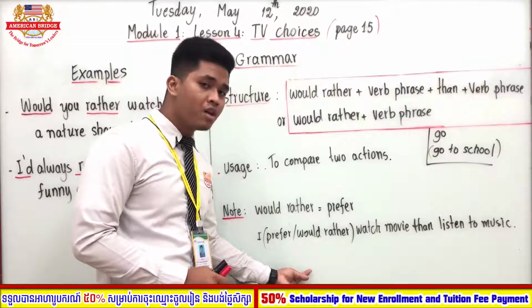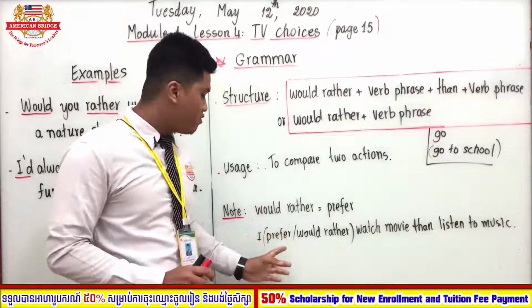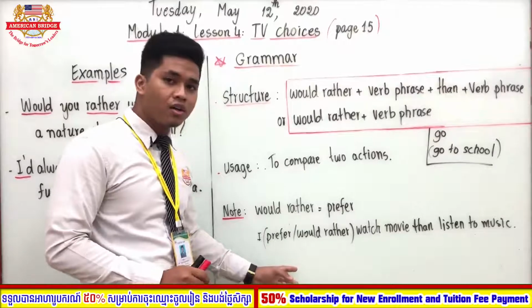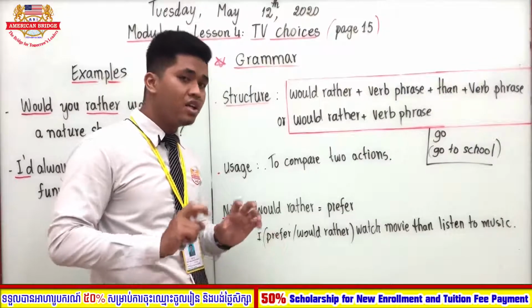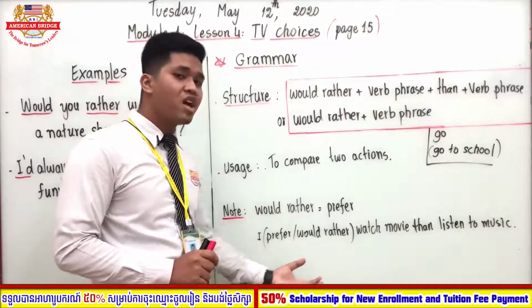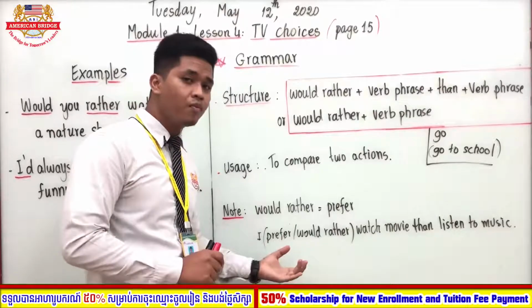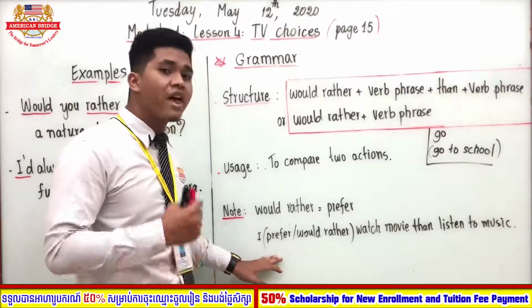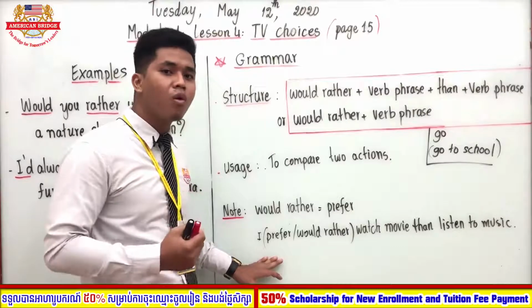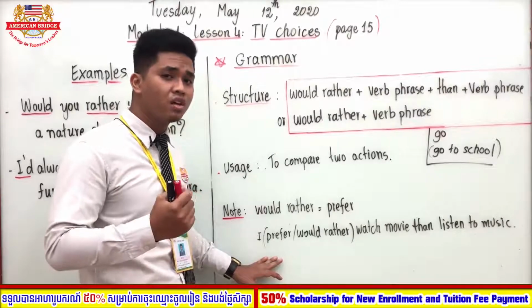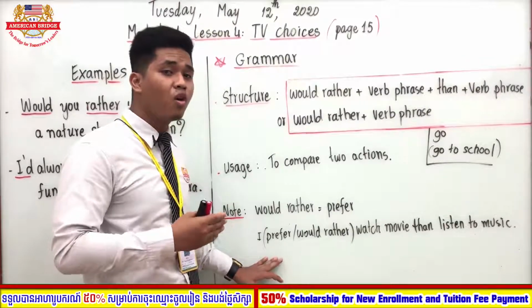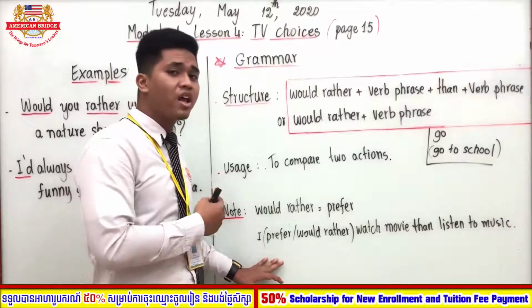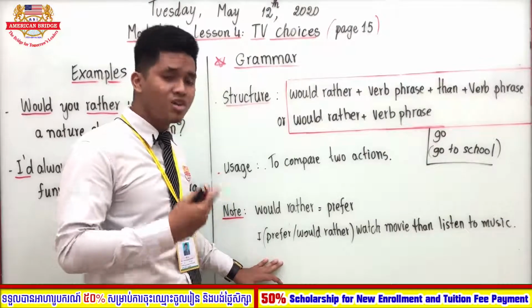Very good. However, what is the difference between would rather and prefer? Okay, grammatically, when you want to change it into a question, prefer is an action verb, which means you need an auxiliary verb do, does, or did in order to form a question.